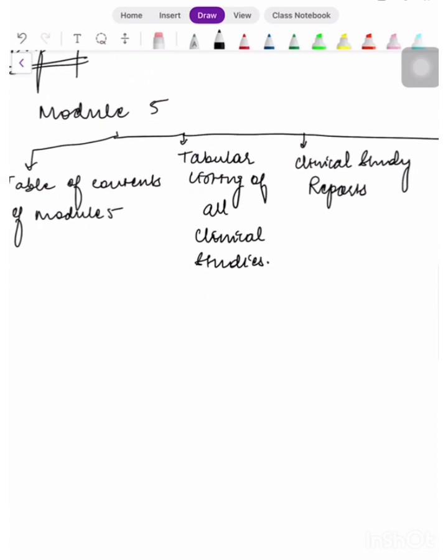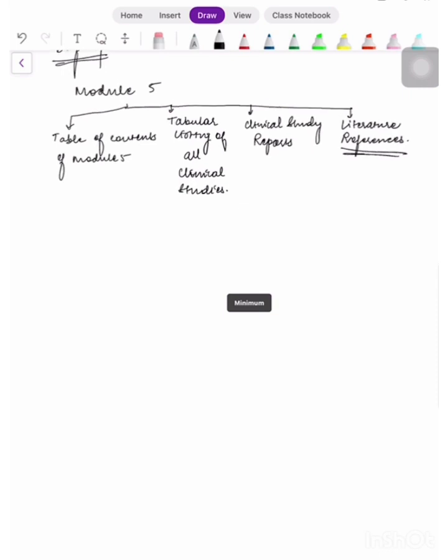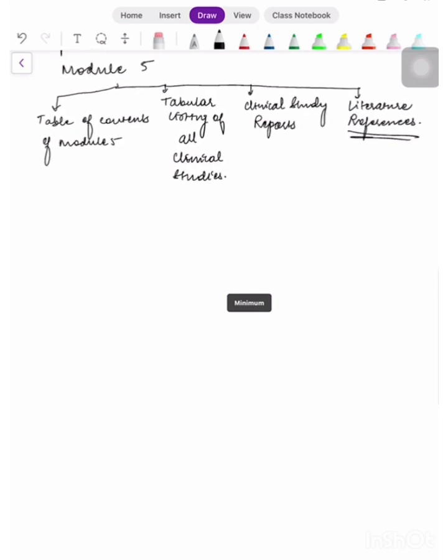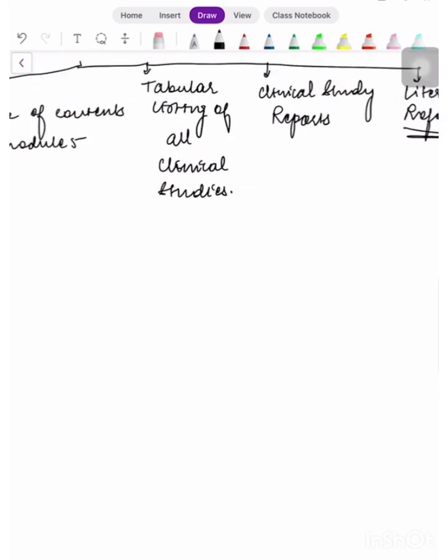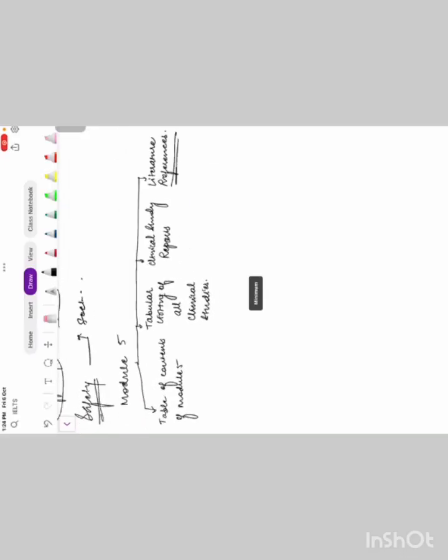You need to have this, because it will be your kind of answer sheet of an exam paper. So module 5 of CTD is to be studied with great importance.